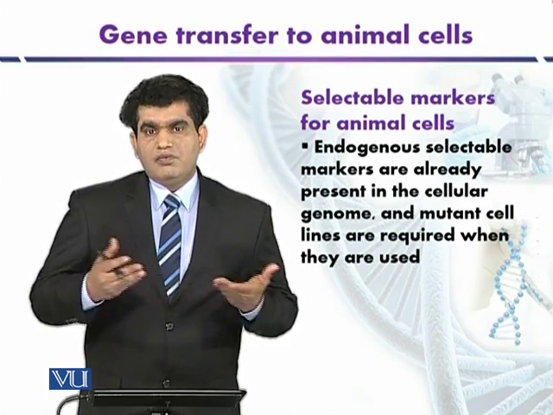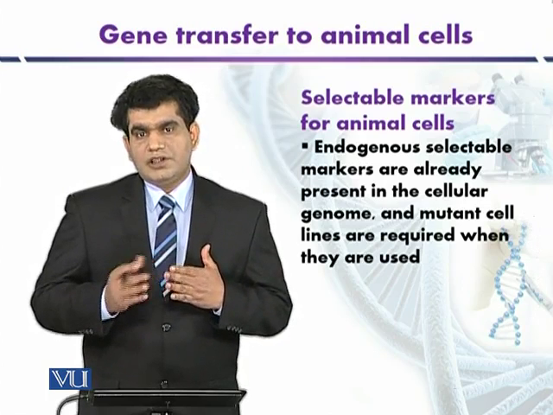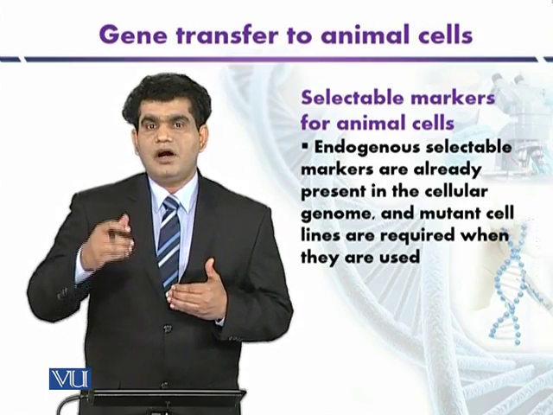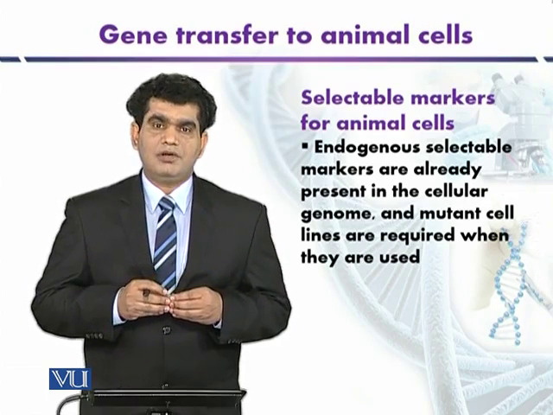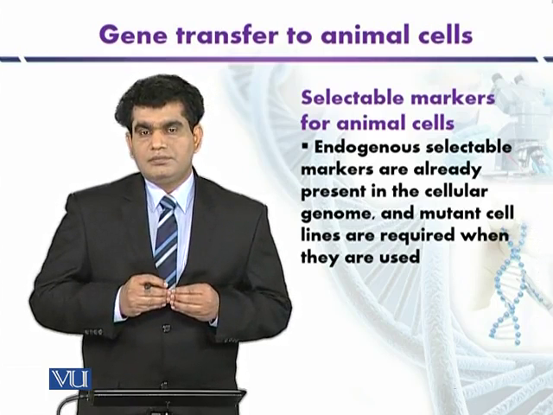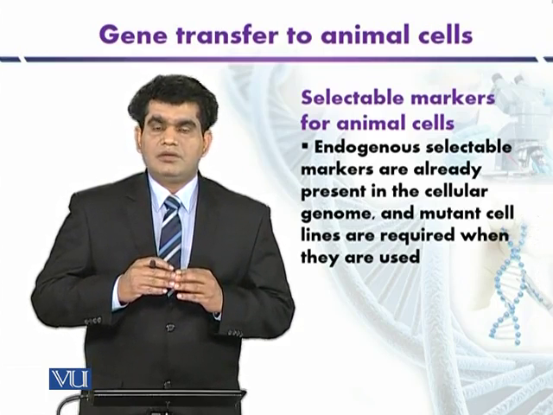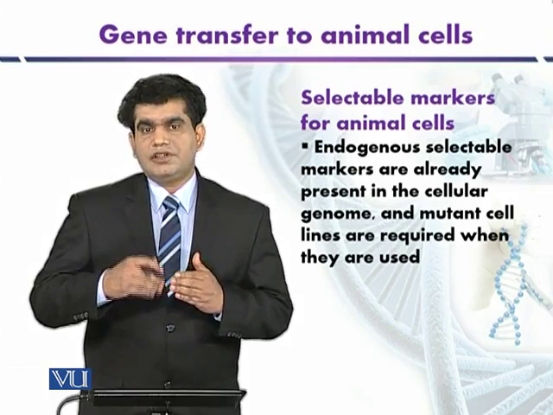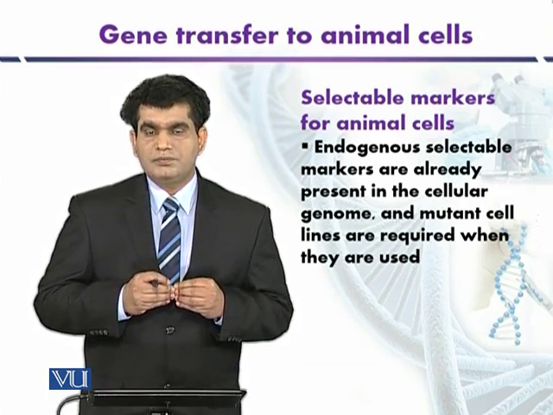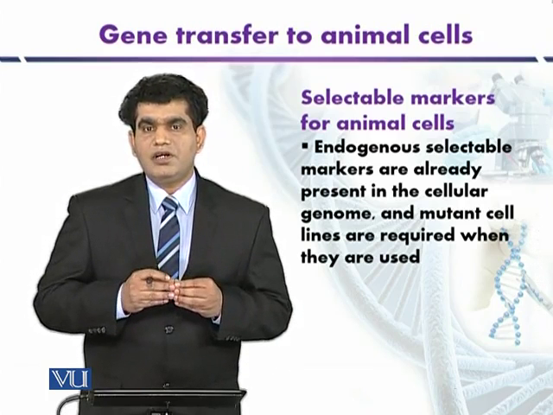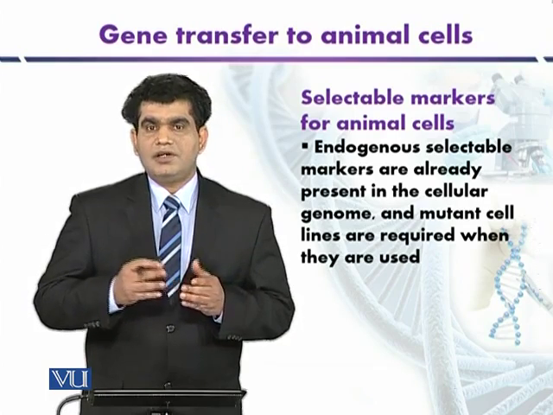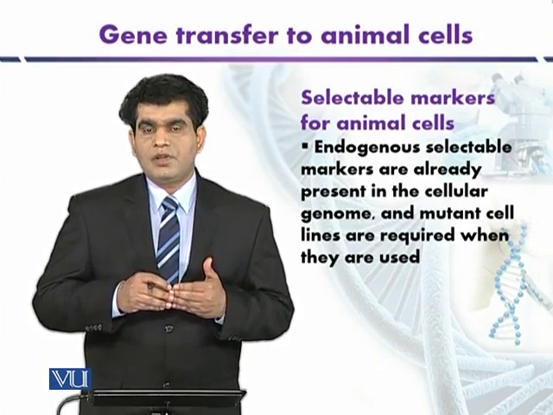For example, if we focus, then we can say that some endogenous selectable markers are already present in the animal genome. For example, some markers in the case of the synthesis of some enzymes can be used, and one of the enzymes may be thymidine kinase or TK enzyme.